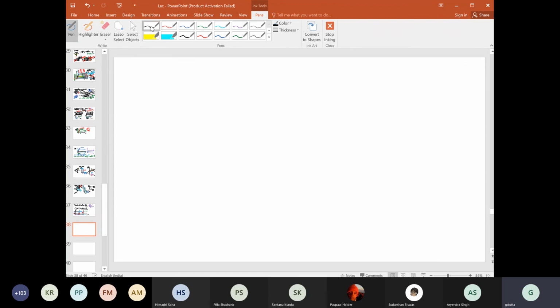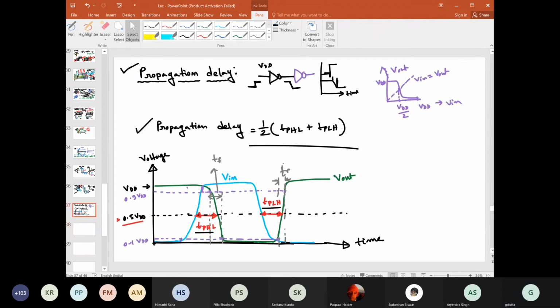Okay. So now let us try to make these things a bit more clear in the next slide, and see how we can quantify these delays in terms of the resistance and the capacitances associated with them. For that, any digital circuit is often modeled as a first order RC network.